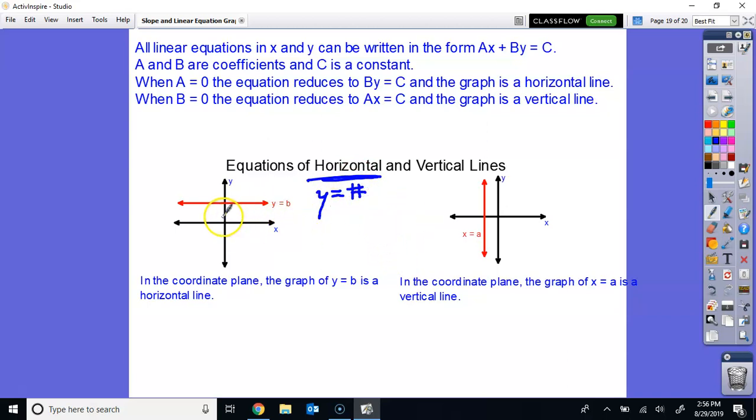So for instance, if it was like this guy right here, and that was 3 spaces up, it would be y equals 3. The reason is because there's no slope. There's no m, right? So that means the slope is actually 0. It's not undefined. It's a 0x plus 3. You don't need the x, though. You don't have to put 0x. So it just means you have counted up 3 spaces and put a 0 sloped line.